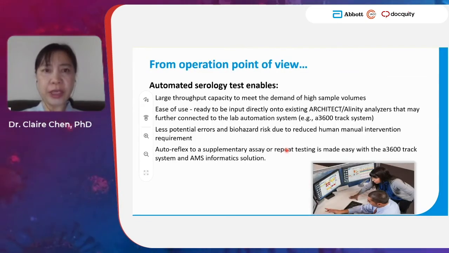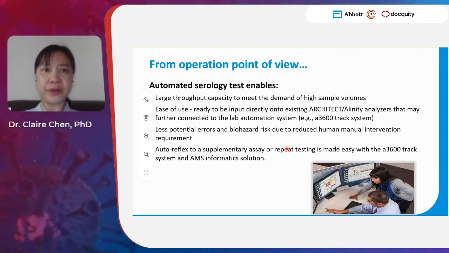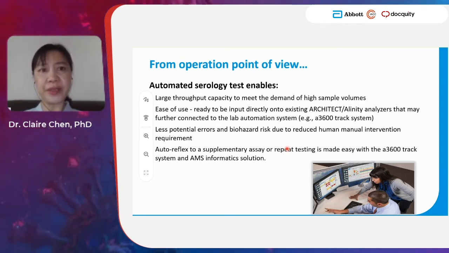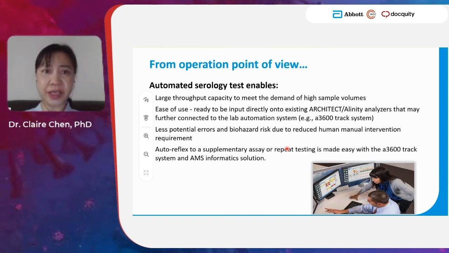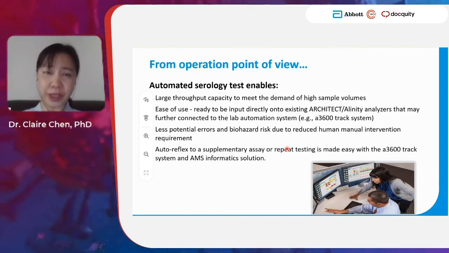In addition to the assay performance, I'm sure because you come from hospitals and labs, you are also very interested in laboratory productivity and operational efficiency, right?